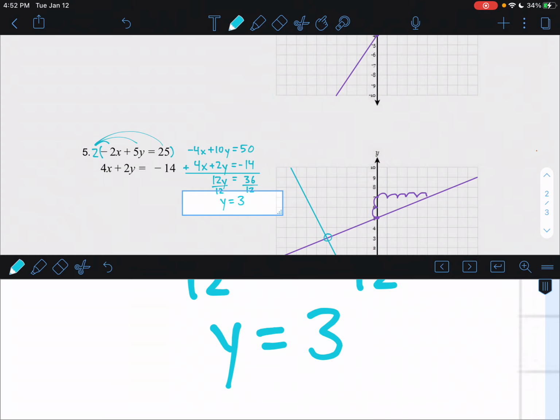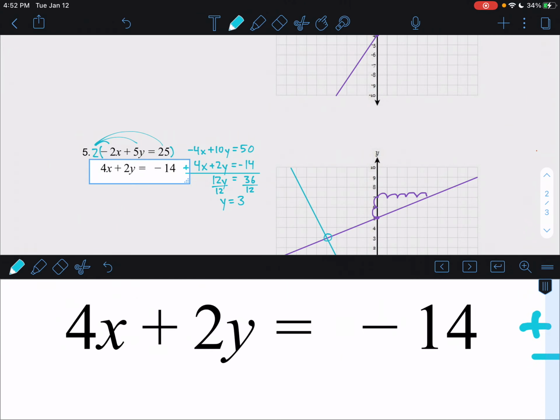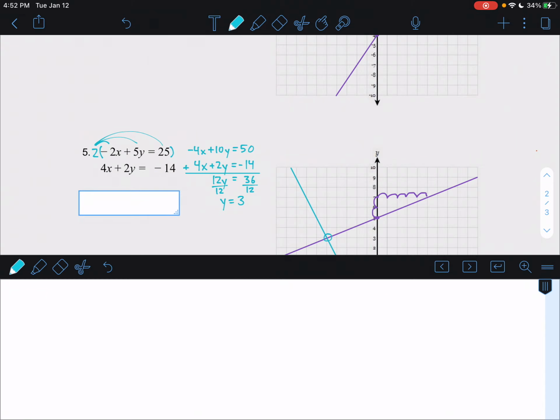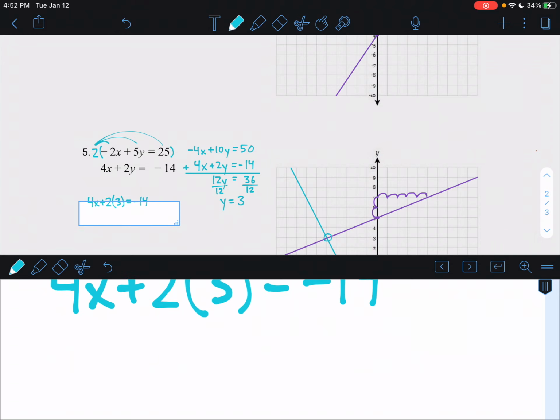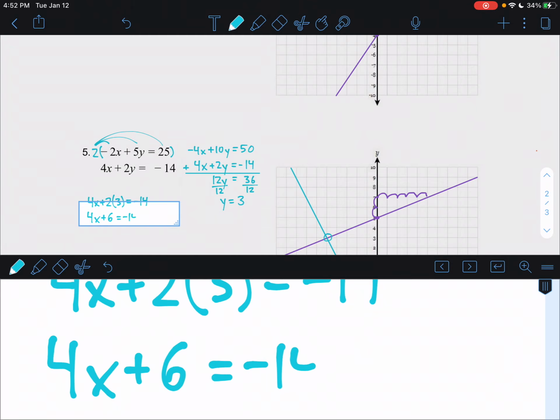And now I want to use that to solve for x, and I'll just plug it into the equation that I didn't use, this 4x plus 2y equals negative 14. So let's see, I have 4x plus 2, and then y is 3, so 2 times 3, equals negative 14. 2 times 3 is 6, so 4x plus 6 equals negative 14.